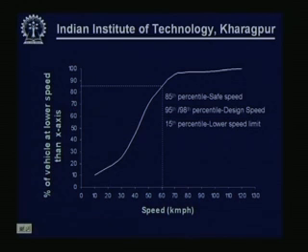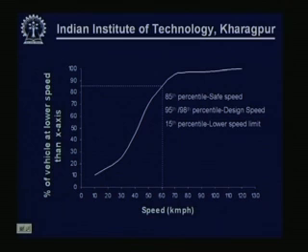From this curve, often the 85th percentile speed, marked on the graph, is normally taken as the safe speed limit for the road. The road system is designed with a speed which is the 95th or sometimes 98th percentile speed.